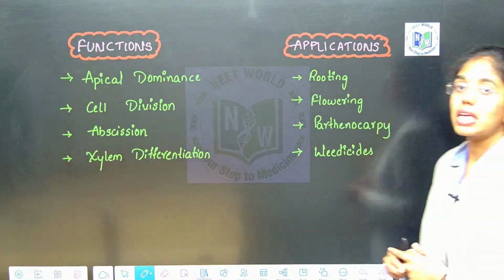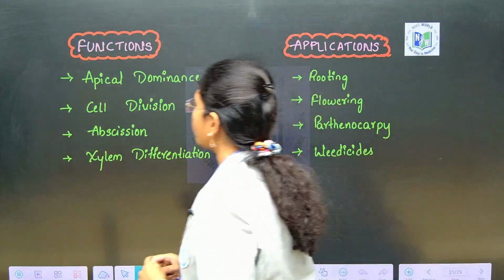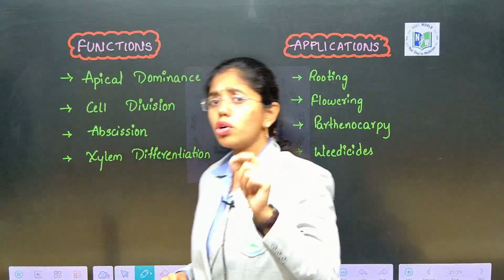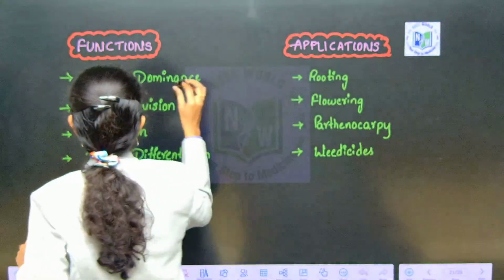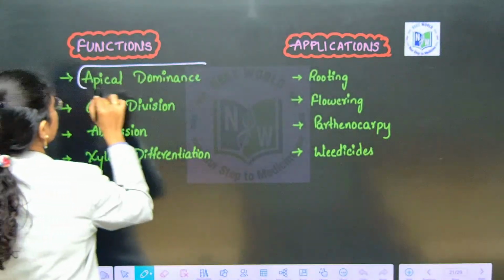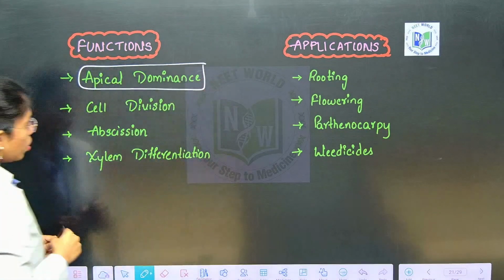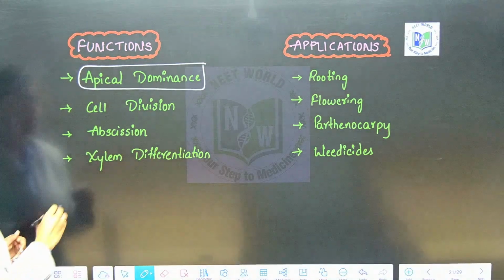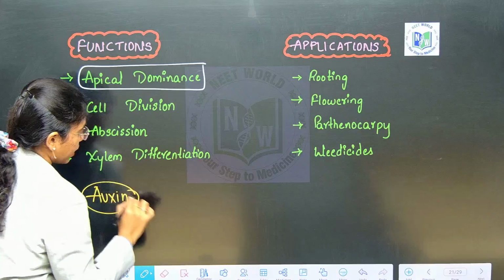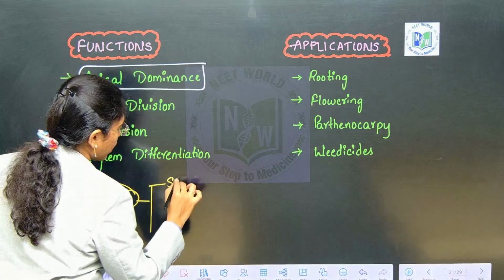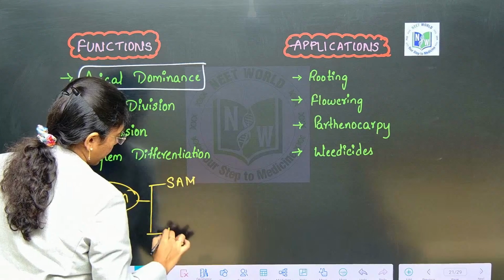And now let us see the functions and applications of auxin. The first and foremost function of auxin is apical dominance. What is this apical dominance? Just now we have observed auxin constituents will be high in both the shoot apical meristem and the root apical meristem.